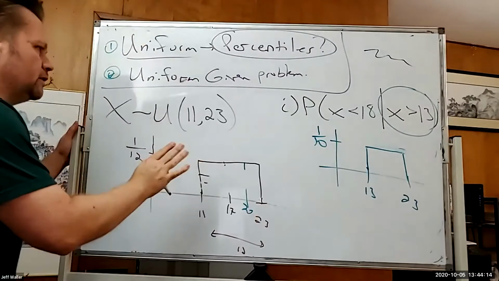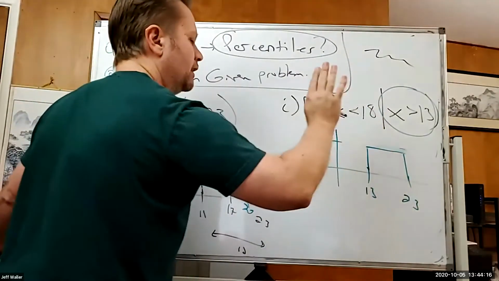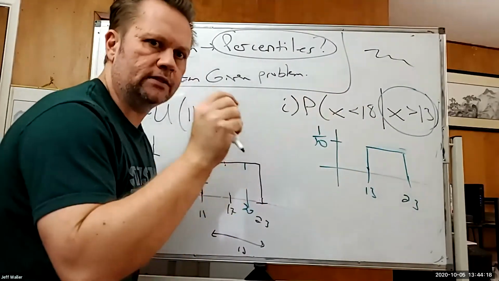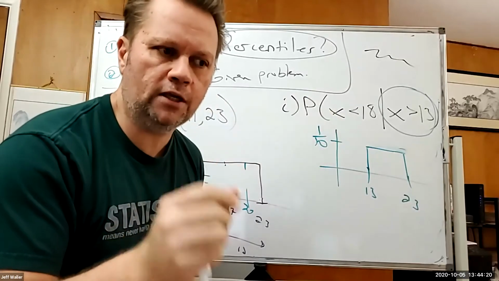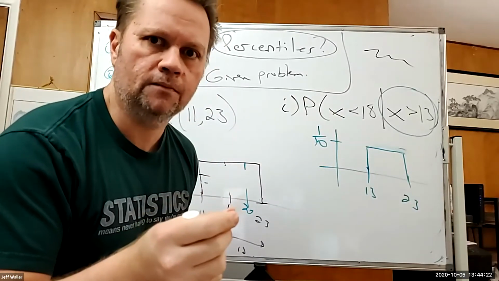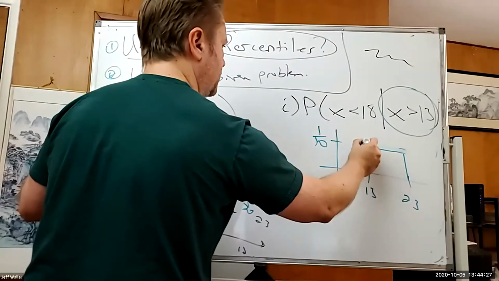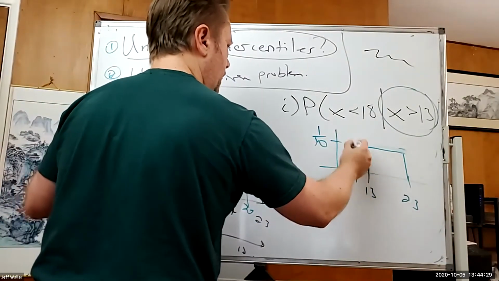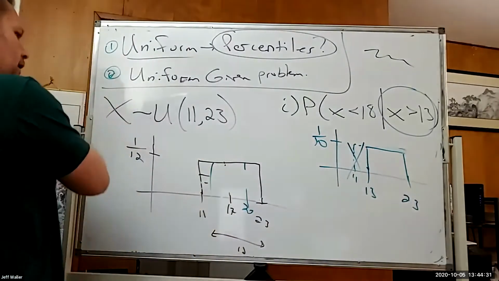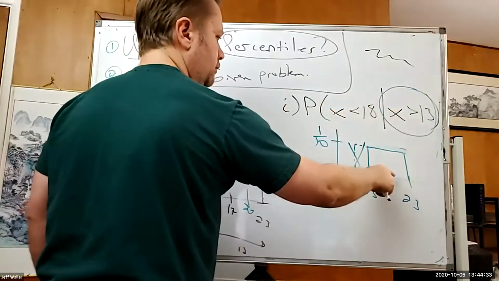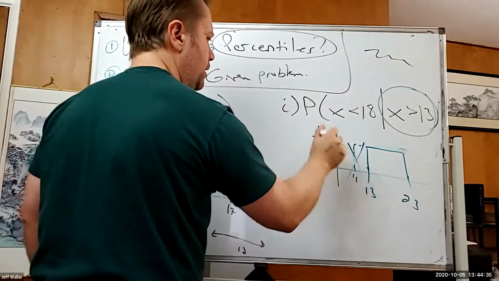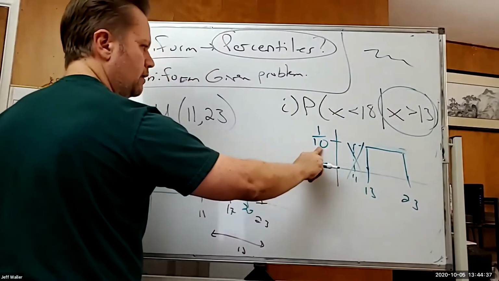Do you remember how with givens, that's the only time something could change the denominator, because I can throw some information out. So what I've done is I've effectively taken this piece and I've thrown it out. Get out of here, because I'm given that it's greater than 13. So now the denominators will change. They will now be 10.